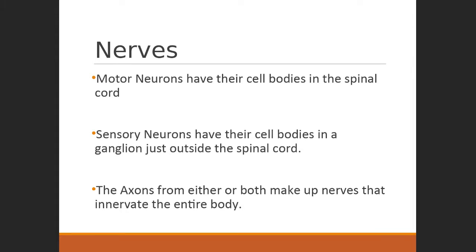But if we're talking about a motor neuron, the cell body for that neuron will always be in what we call the anterior gray horn of the spinal cord. It sits directly in the spinal cord itself. The sensory neurons have their cell bodies just outside the spinal cord in what we call the dorsal root ganglion.